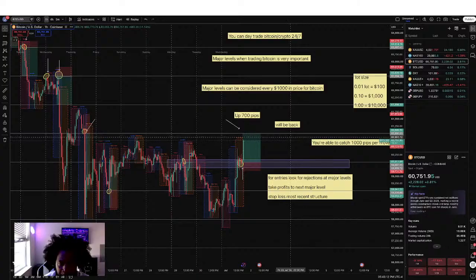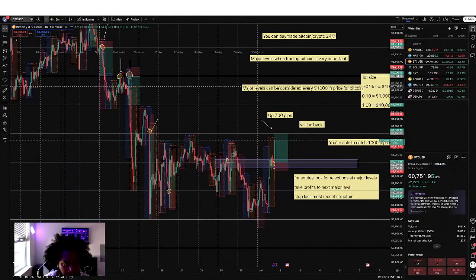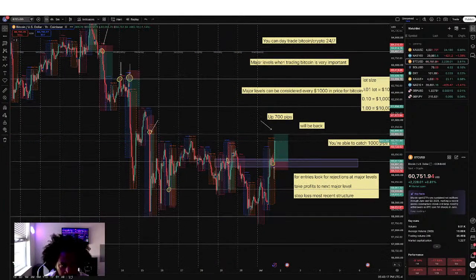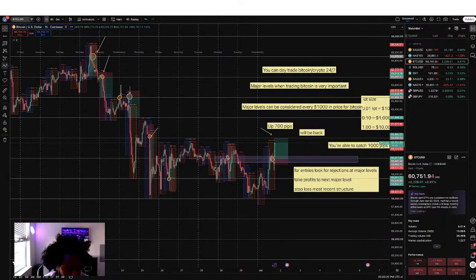All right. So how the market works, as you can see, the market moves in waves. Just even start from here. You can see the market made a shift down, pull back, another shift down, pull back. So you can see the market is moving in waves. So that was another wave, right?